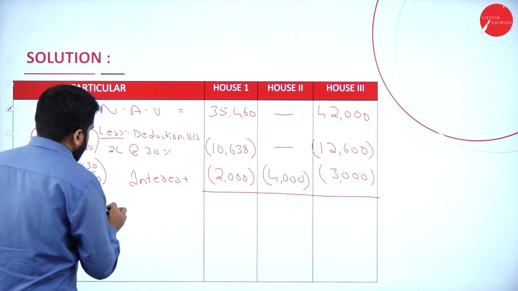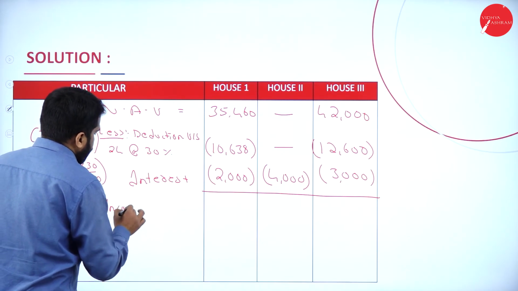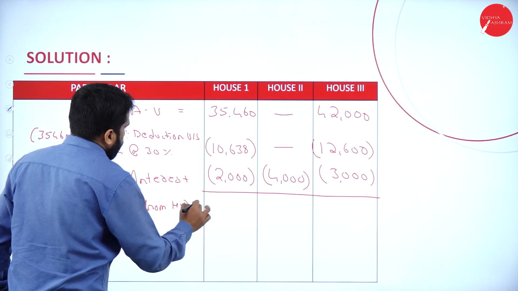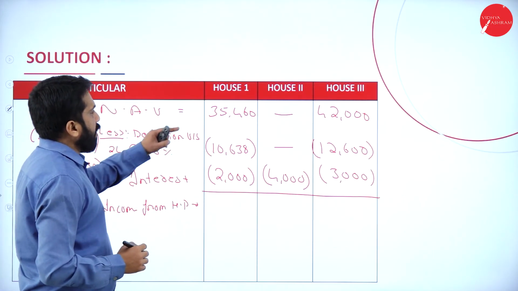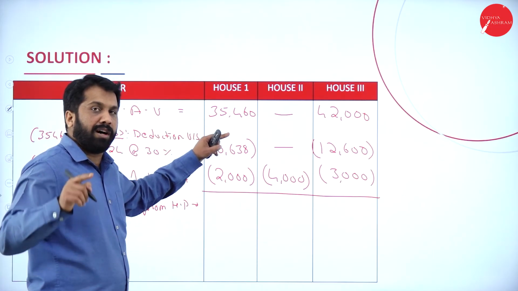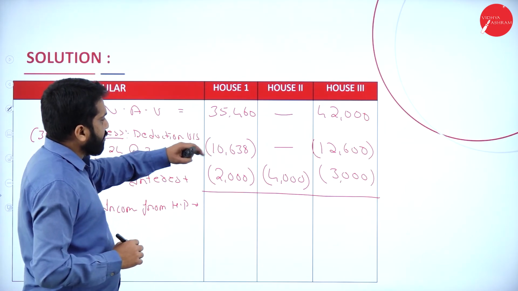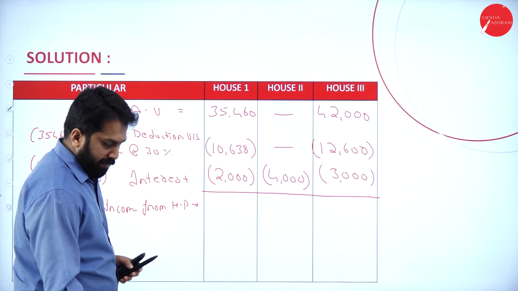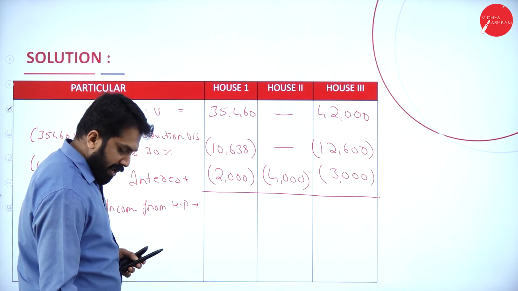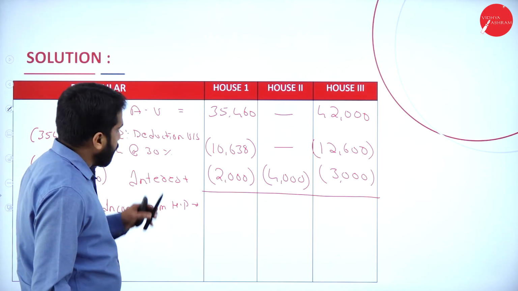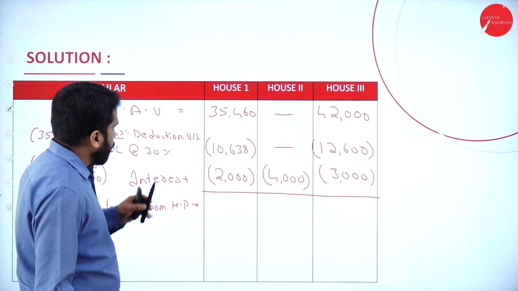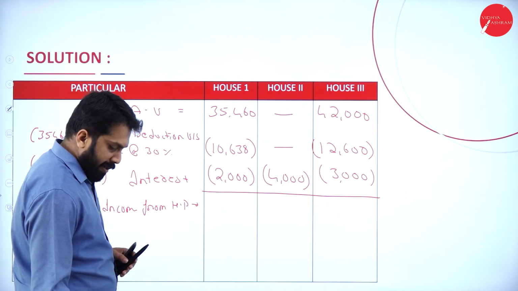So now, your income from house property. What is your income? From 35,460, you are supposed to minus 10,638 as well as 2,000. We'll go for that. So 35,460 minus 10,638 minus 2,000.